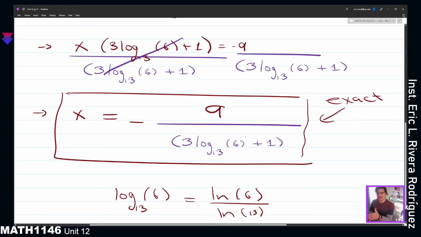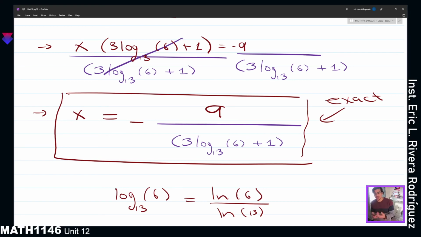If in this exercise I would need to submit the exact answer, I would do the same. The only thing that I would do is change log base 13 to natural log of 6 over natural log of 13, because the exercise is asking me to put my exact answer in log base 10 or log base e or natural log.